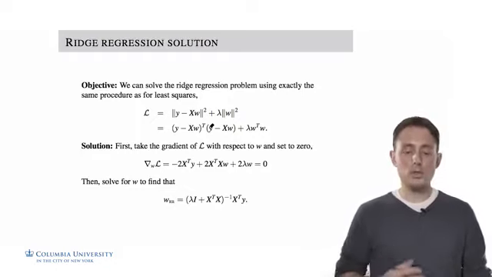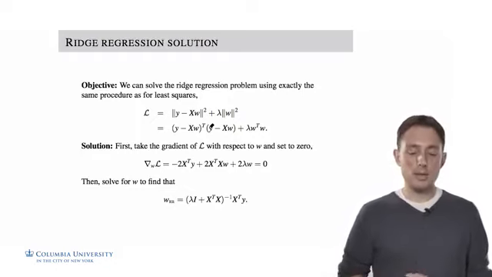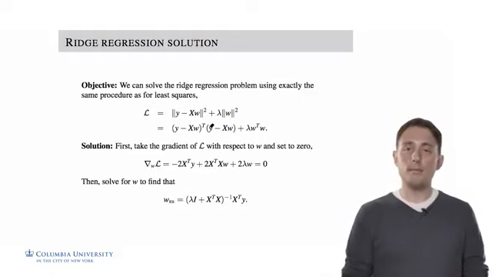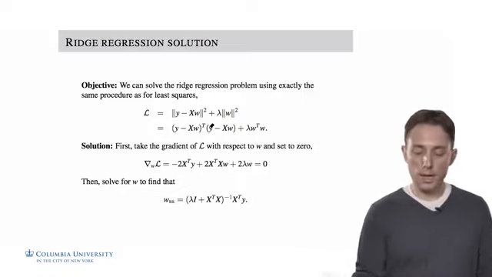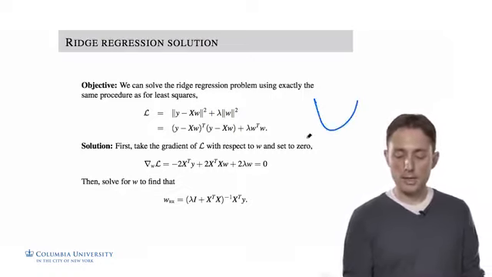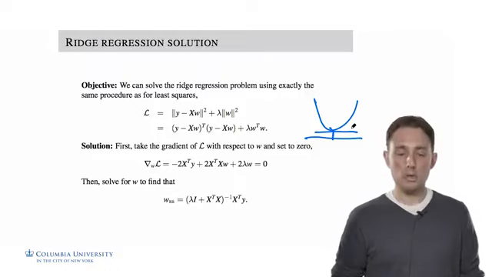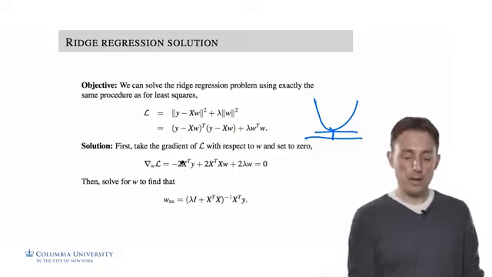And now the solution, again, is the vector W that minimizes this objective. Equivalently, it's the vector W at which the gradient of the objective is equal to 0. So again, we have an objective that looks like this, and we're trying to find this point here, the point at which the gradient is equal to 0. We take the gradient of this function, and we find that it's equal to this.